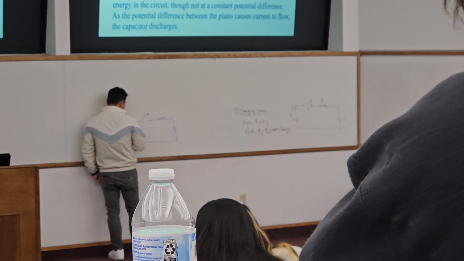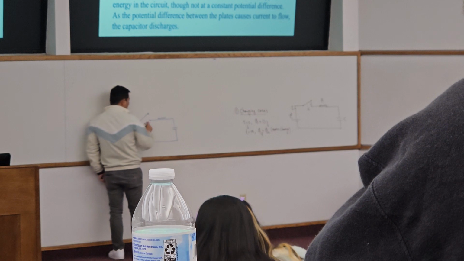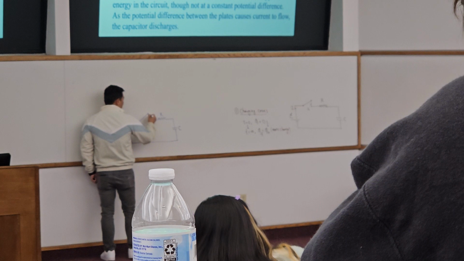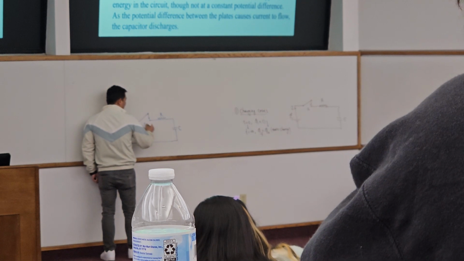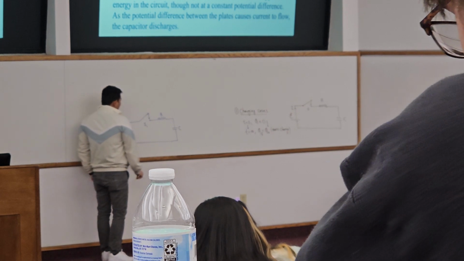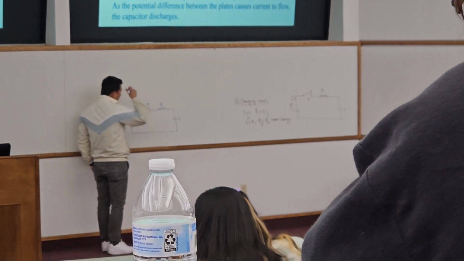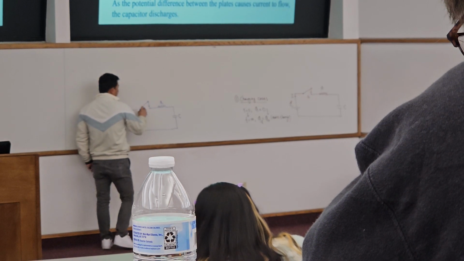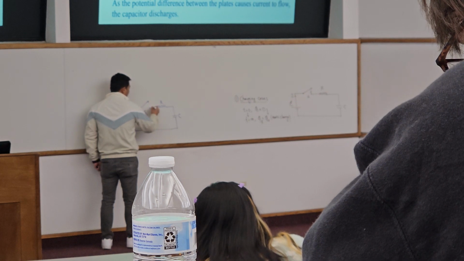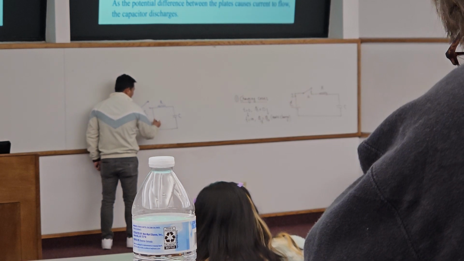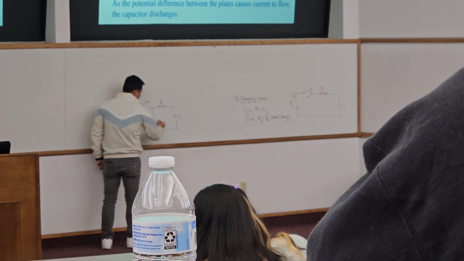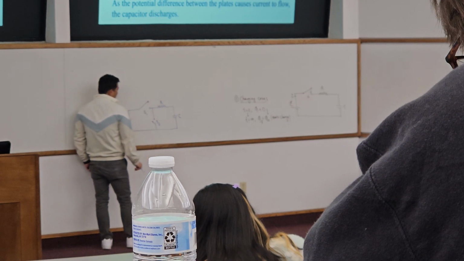This is the battery, the external driving force whenever you charge. Let's say you have switch 1, which you used to charge the capacitor. As soon as your capacitor is fully charged, you can disconnect this one and have another switch over here, S2, switch 2.